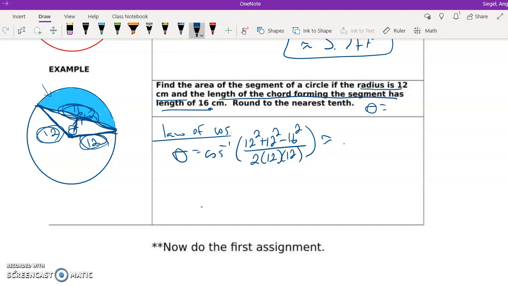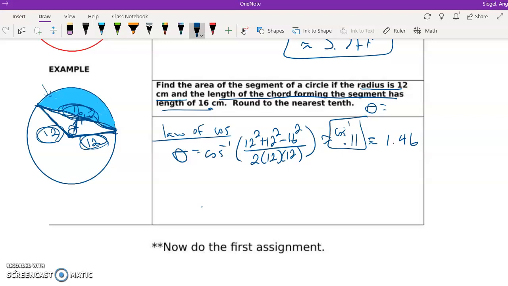I ended up getting about 0.111 repeating. We take the cosine inverse of that, and I end up getting about 1.46.